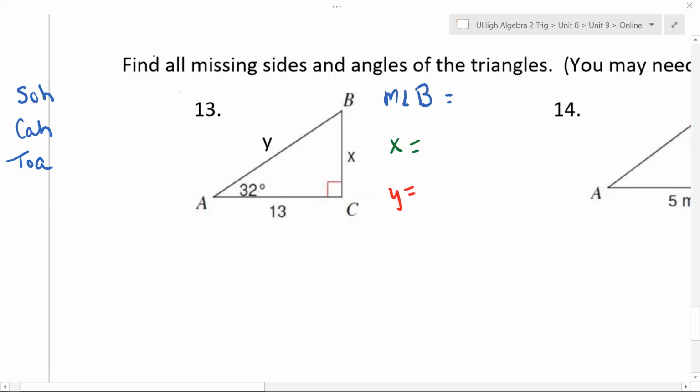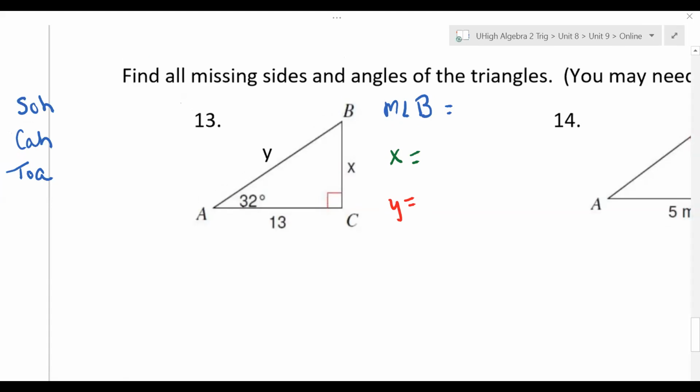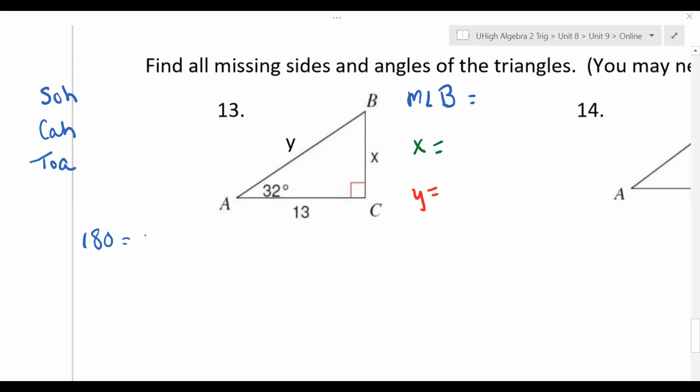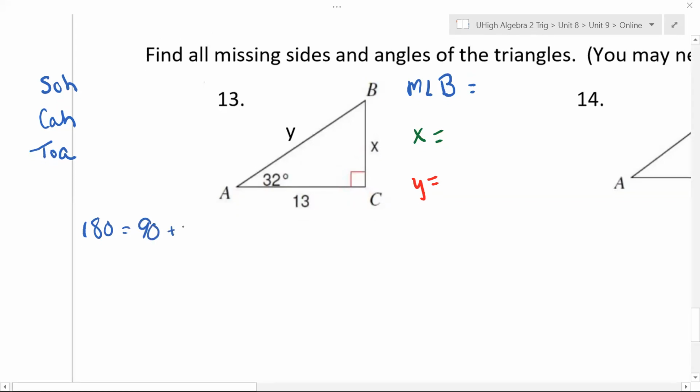Okay, so let's go ahead and start with the angle. So in this image, we are given two different angles. We're given our right angle and we're given this 32-degree angle. So to find the measure of angle B, we know that the sum of the angles of a right triangle is 180 degrees. So if I know that I have an angle of 90 degrees and I have an angle of 32 degrees, then my measure of angle B is going to have to be whatever is left.